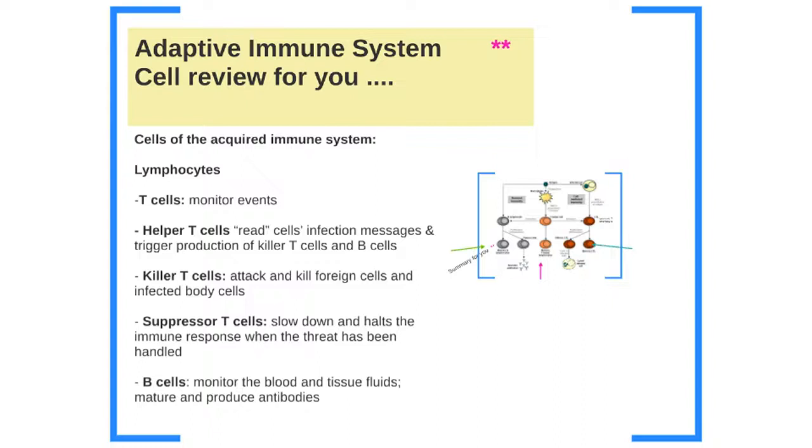We have helper cells, which help to amplify or turn on the immune response. We have killer T cells, which are there to kill infected or foreign cells. And we have suppressor T cells, which get the immune system back under control once the threat has been handled. It's the brakes.